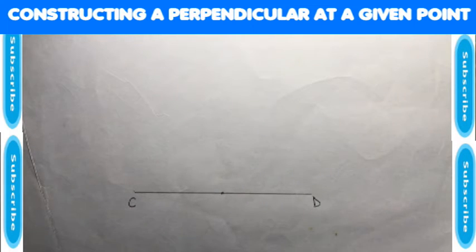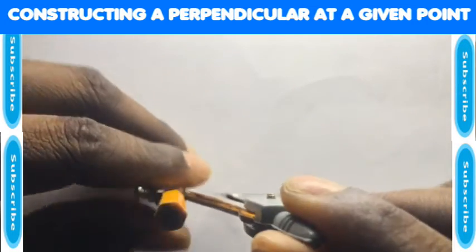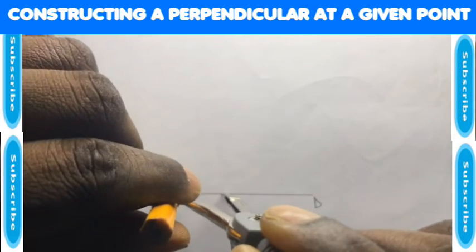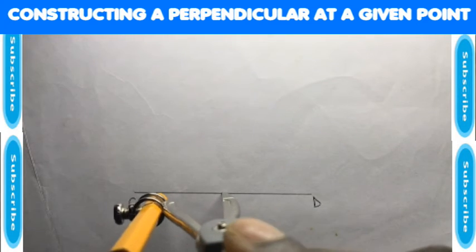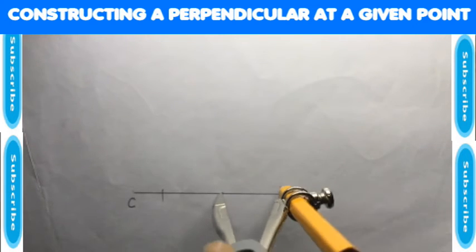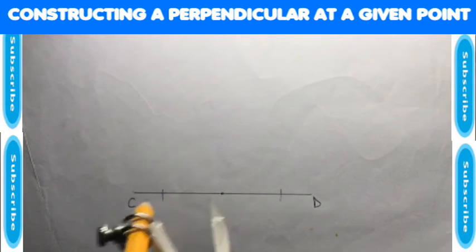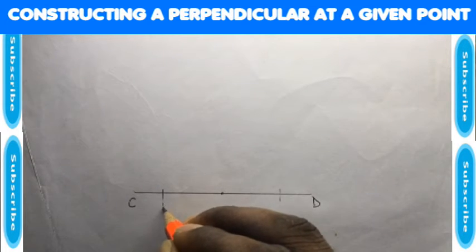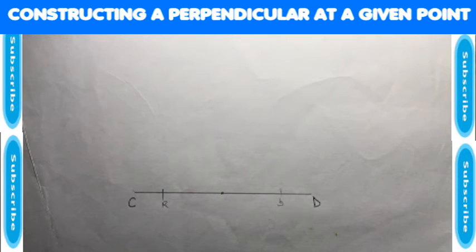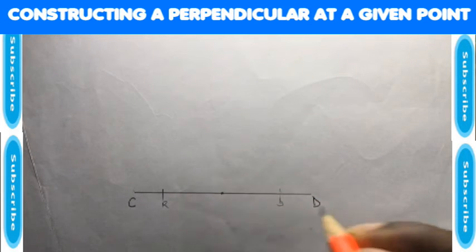And then as we stand here, we open our pair of compass to any radius and we make an arc over here and make an arc there, and we label this arc as R and this point S, and where we made the point, we label it as X.